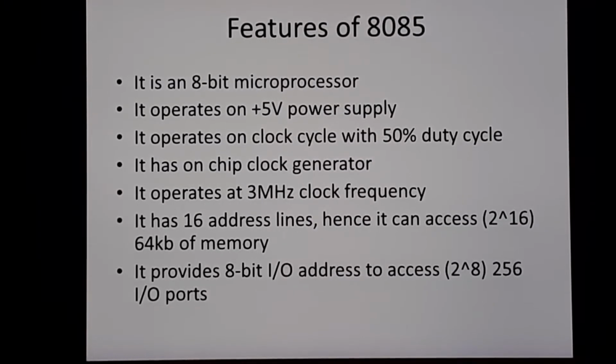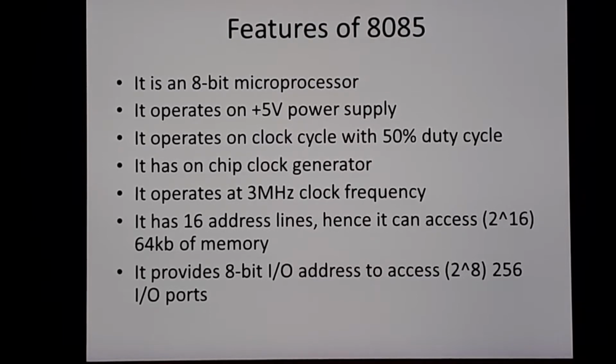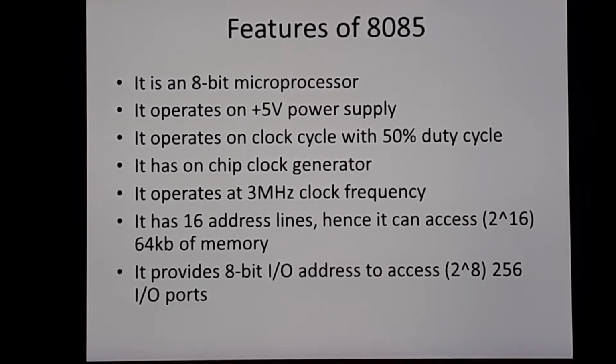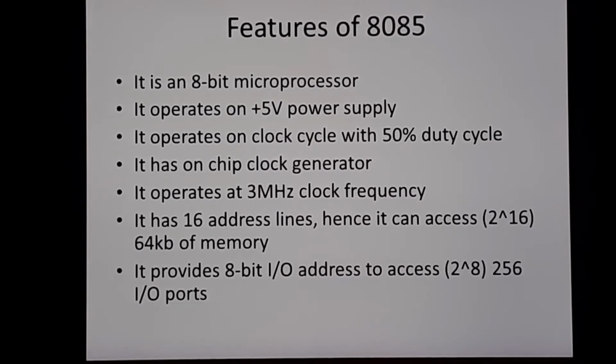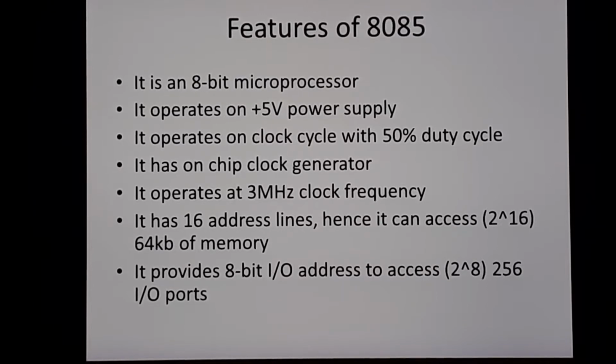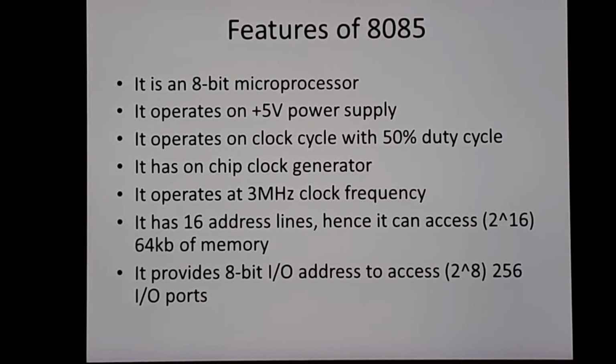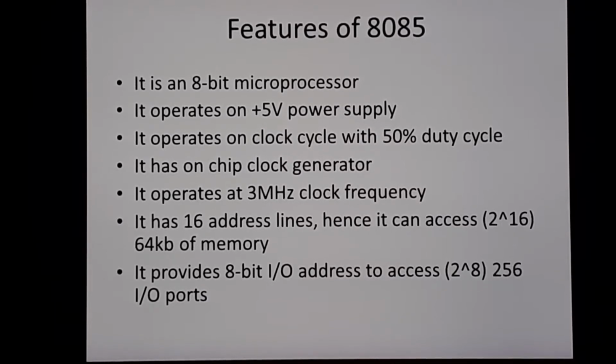It is a cycle that we'll be studying later in this chapter. It has an on-chip clock generator. There is a clock generator for this particular kit. Then it operates on a clock frequency of 3 megahertz. The frequency of this particular clock is 3 megahertz.